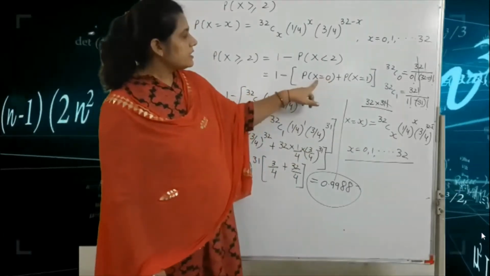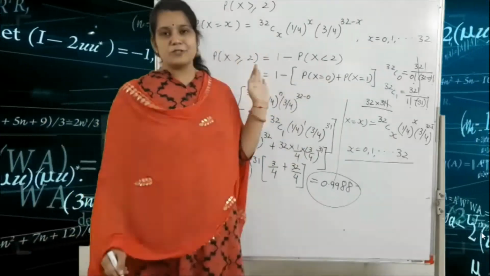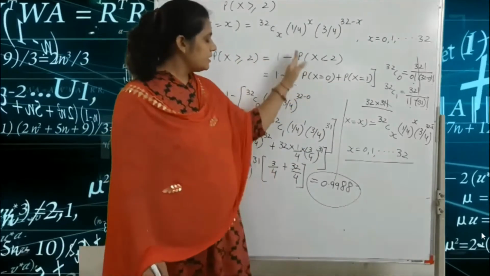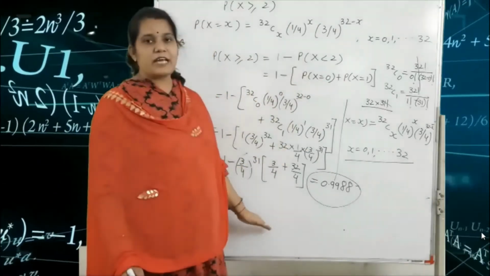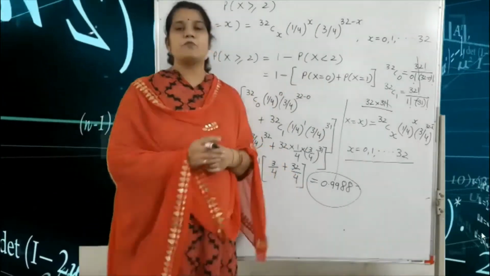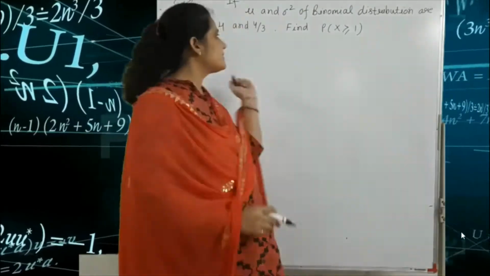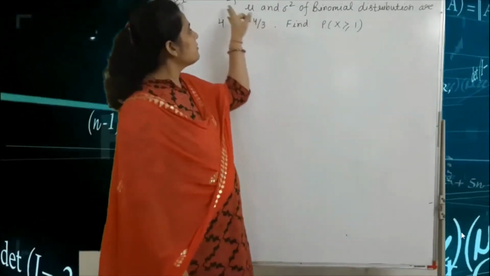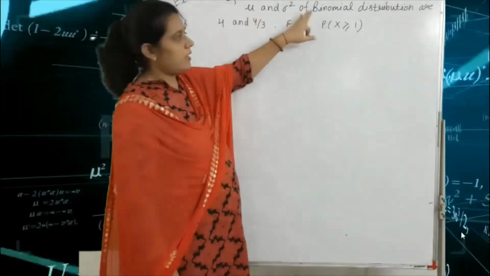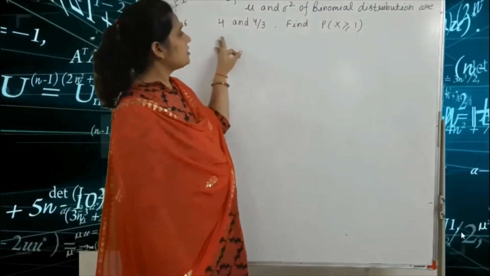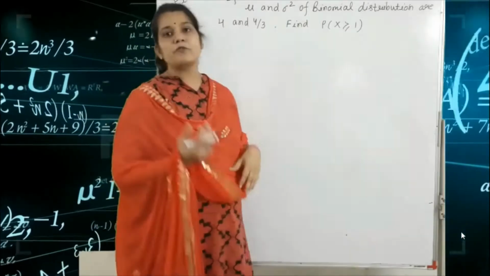After that, this form is a binomial distribution. So after putting all these values, our final answer is 0.9988.